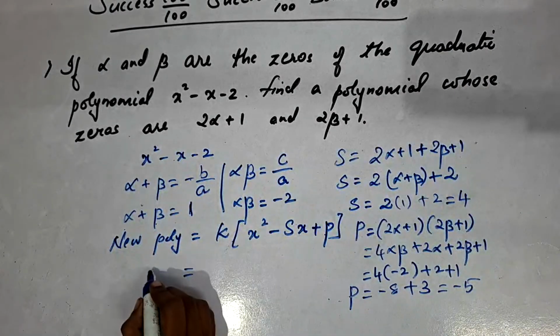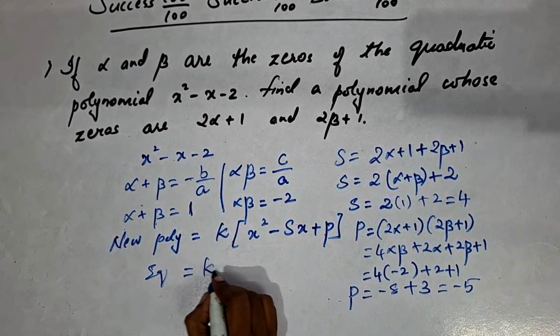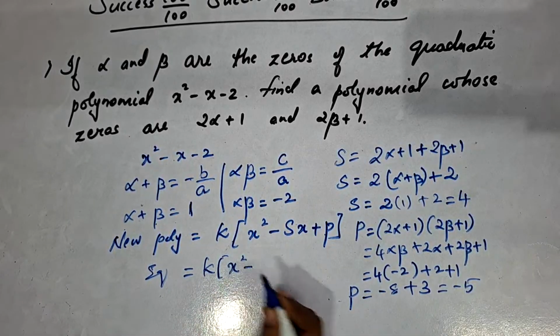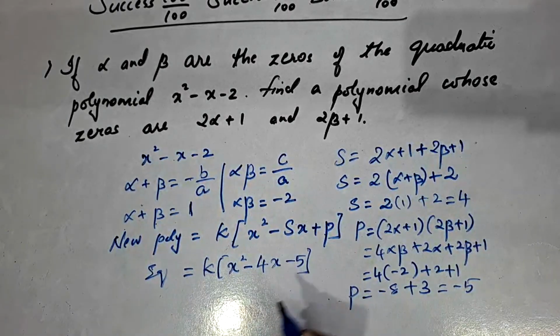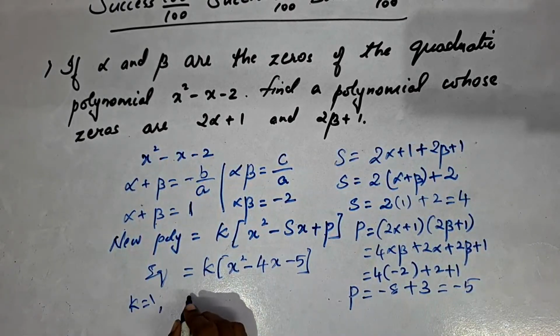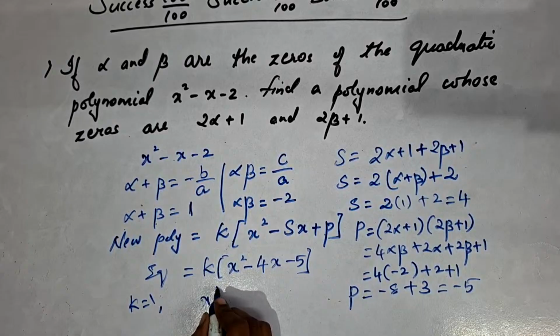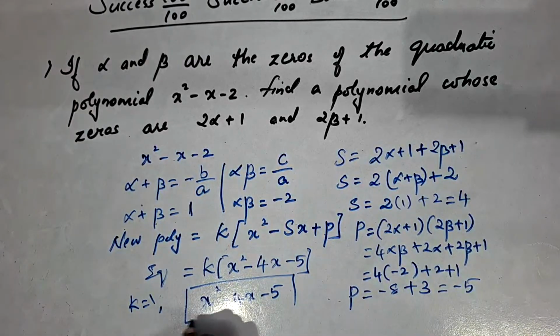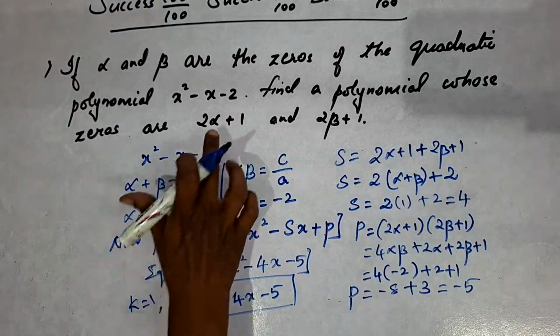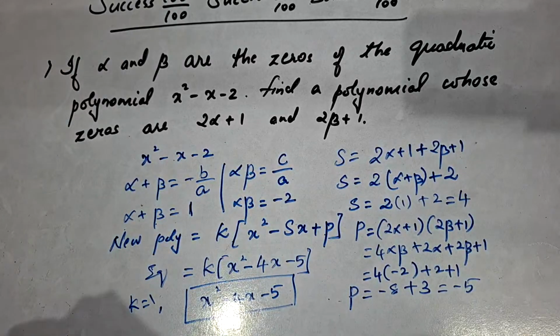Therefore, my new polynomial is k into x square minus 4x minus 5. When k is equal to 1, the equation becomes x square minus 4x minus 5. So this is the new polynomial with zeros 2 alpha plus 1 and 2 beta plus 1.